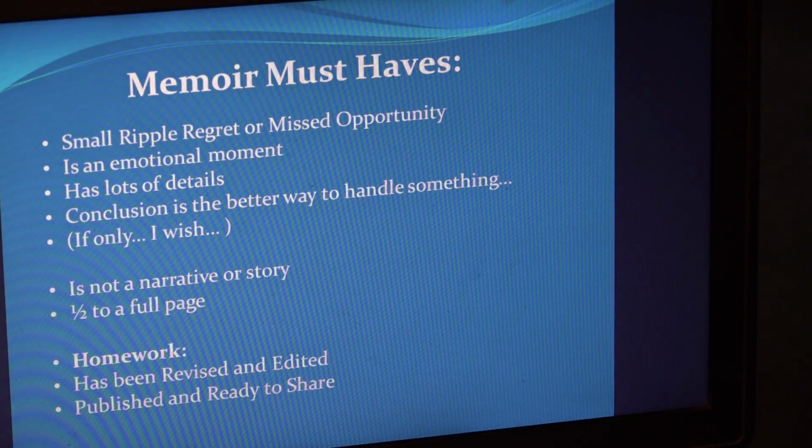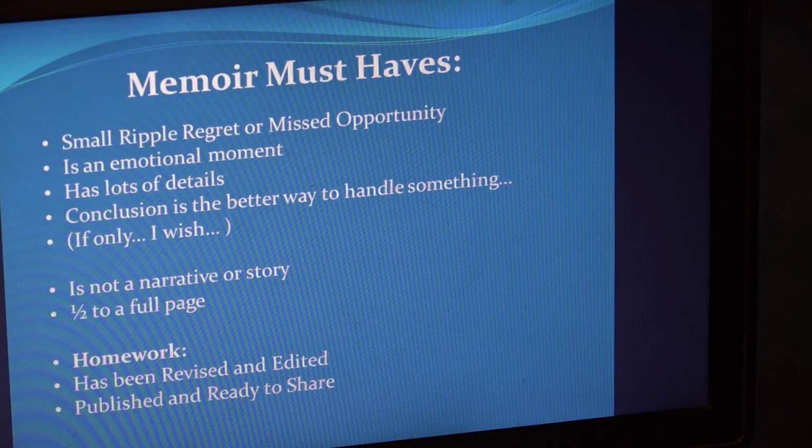Then we moved on. Once we got our ideas together, we do a little bit of a collaboration. I find actually when we allow students to contribute to the expectations, they take more ownership in the assignment.